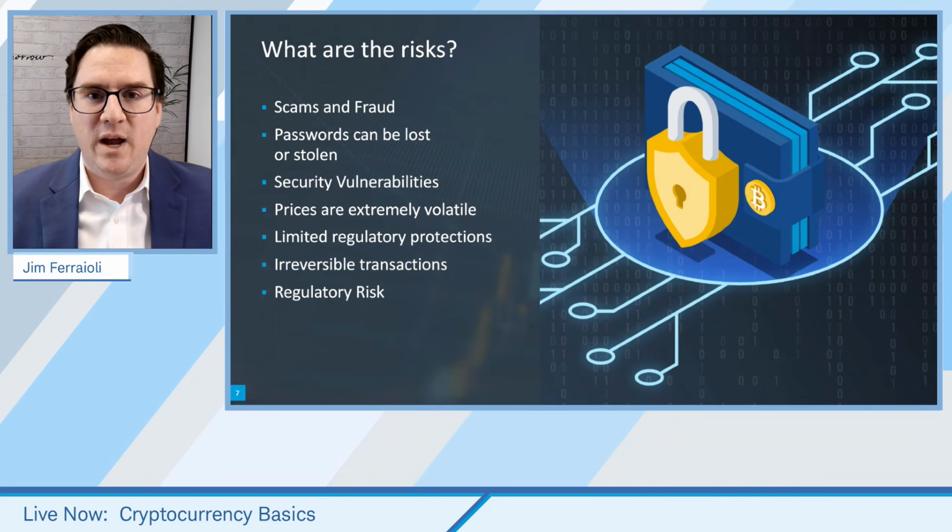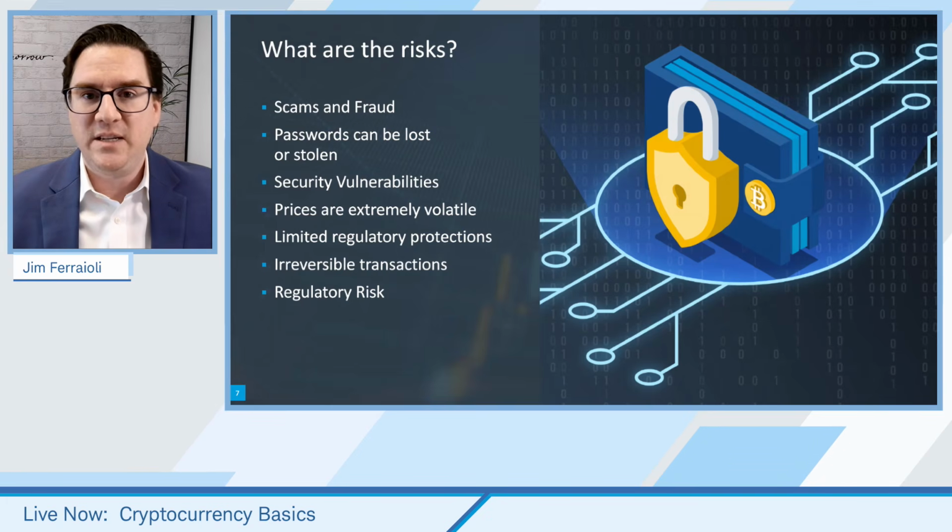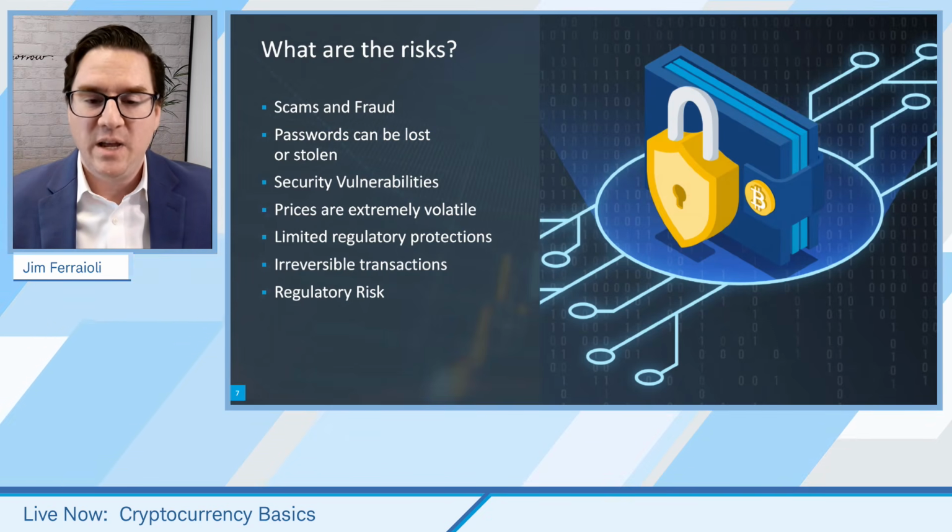So a different SEC regime could ultimately have a different view on cryptocurrencies in the future. And so until there's cemented laws around cryptocurrencies, what they are and how to invest in them, there will be regulatory risk for the foreseeable future.